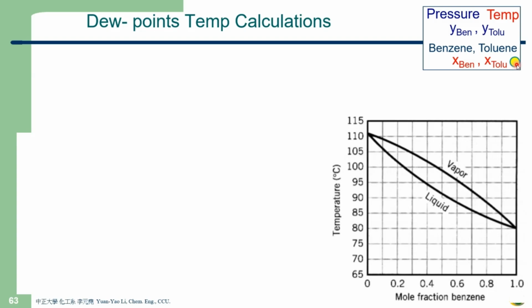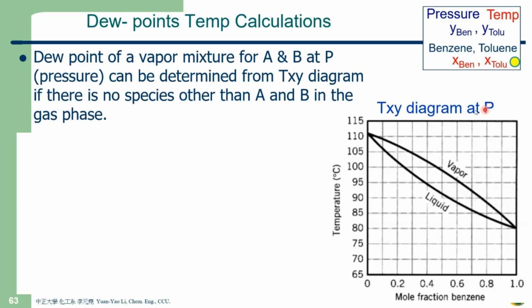Here again we show the same graph at a pressure of 1 atm. The dew point of a vapor mixture of A and B at constant P can be determined from the TXY diagram if there are no species other than A and B in the gas phase. Again, this is benzene.